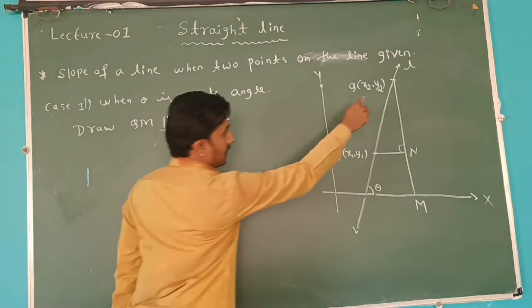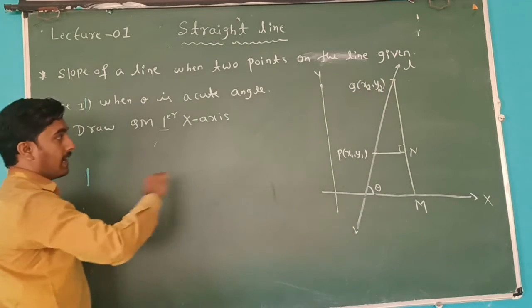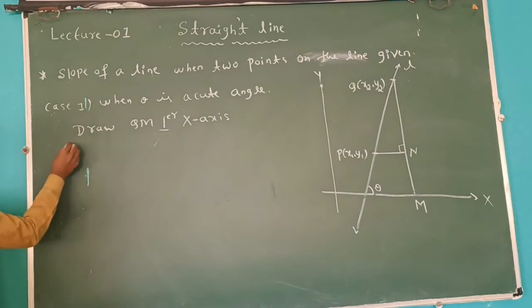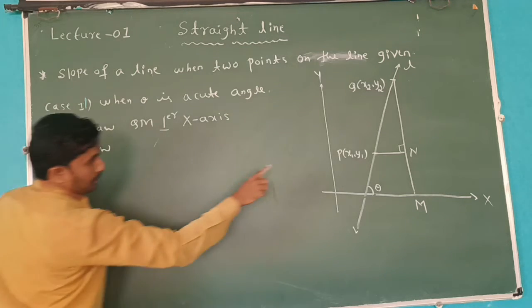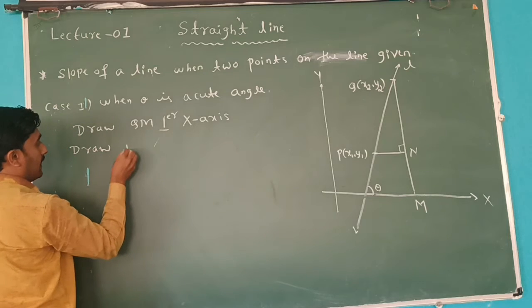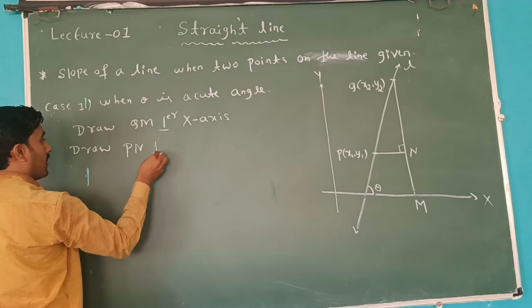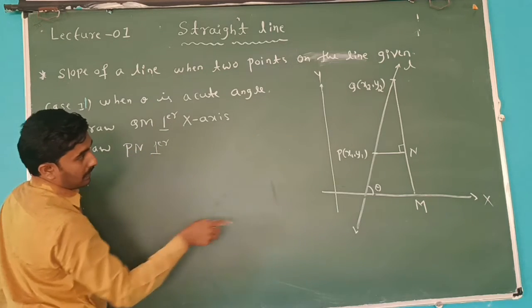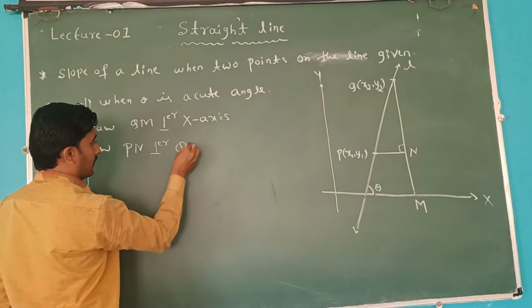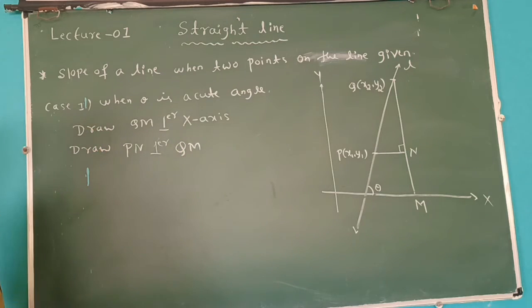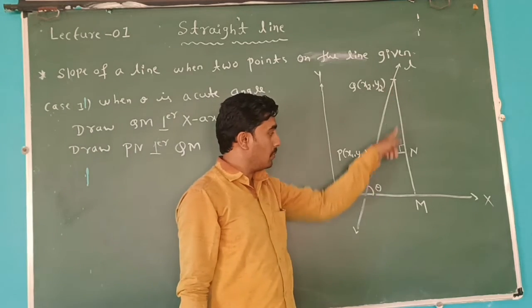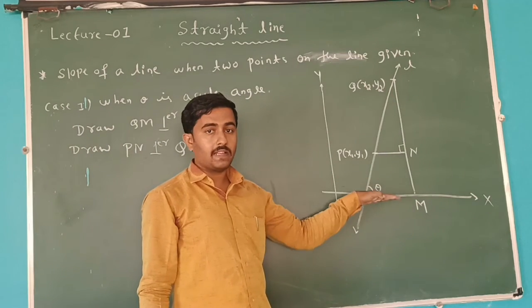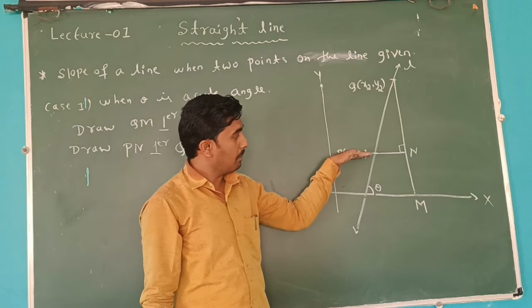Also draw PN, where PN is perpendicular to QM. So the first step is to draw the perpendicular QM to the x axis, and also draw PN.